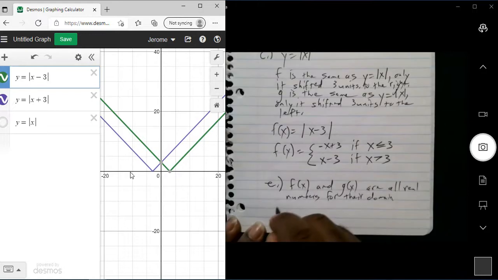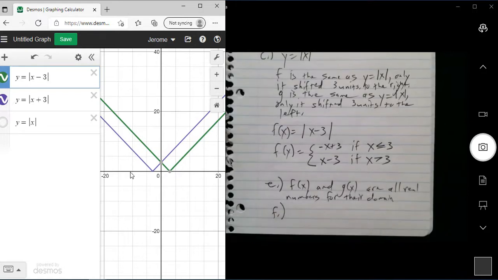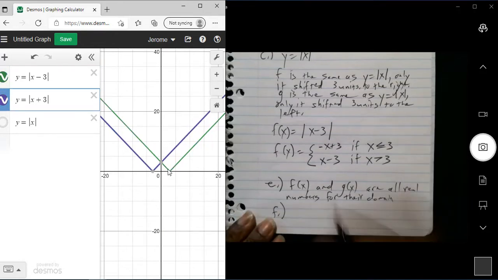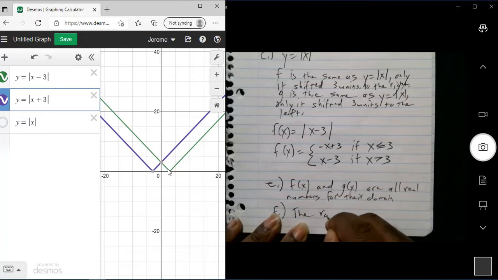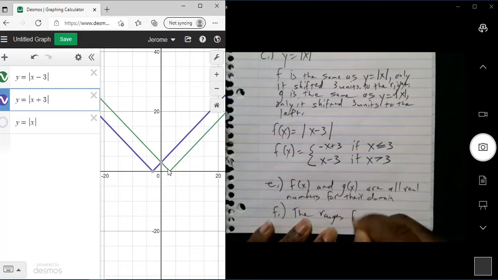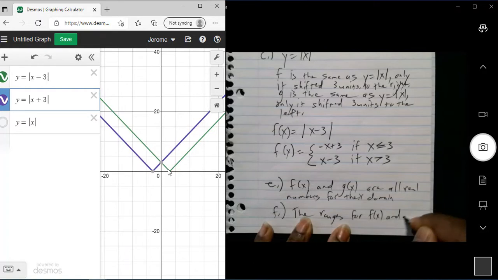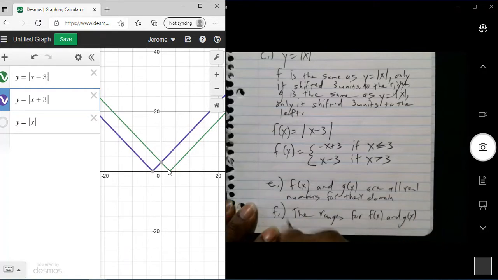Now the last part, they ask us, what is the range? Now if you notice, the range here, the range is the y value. The lowest y value you have for both of these is 0. So the range for f of x and g of x is y is greater than or equal to 0.